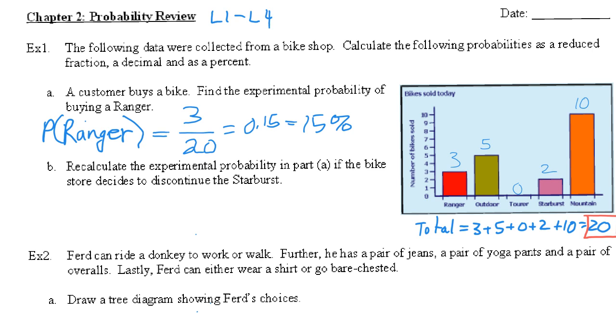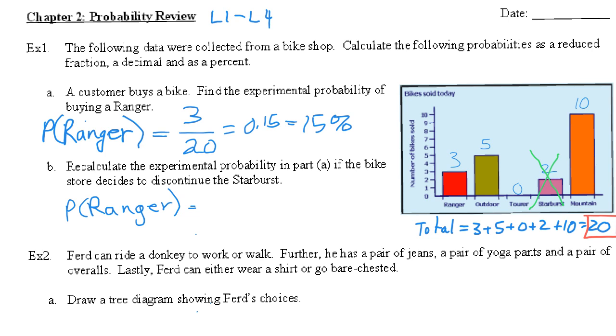This next problem is asking us to recalculate the experiment from part A. So we're still going to calculate the probability of a Ranger. But this time we have to figure out what happens when the store discontinues the Starburst. So imagine we go onto this chart and we essentially just cross out the Starburst, right?